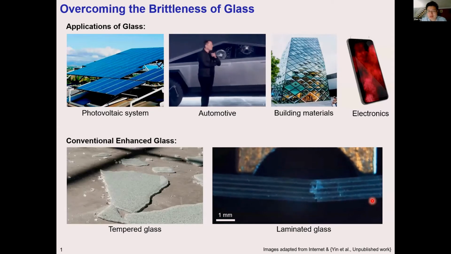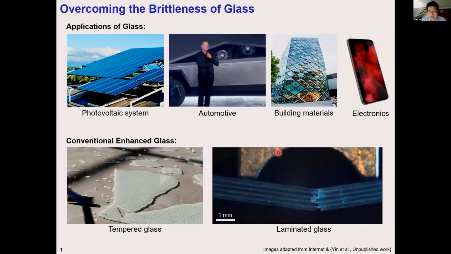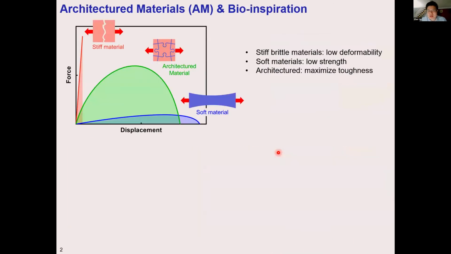So we need to find some new ways to overcome the brittleness of glass and give it improved damage tolerance. The concept we are using is architectured materials. For example, we have stiff materials, which are stiff and brittle, such as glass and ceramics, and we also have very soft materials such as elastomers and polymers, and they don't have very balanced mechanical performances.